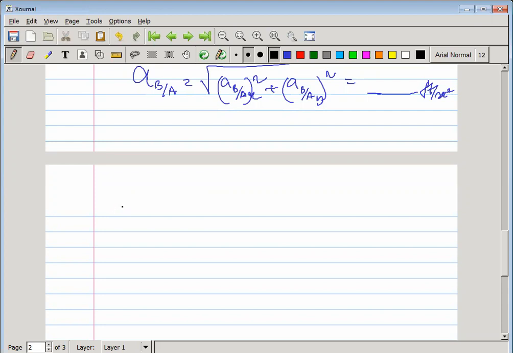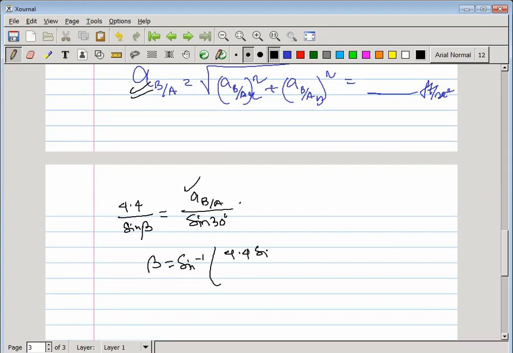Here it is given for A, I mean the acceleration for B is this one, and we can write here sine 30, and that is relative, meaning AB by A. We have to put this value after finding it here, and we can easily find out the beta. Okay. This much of degree.